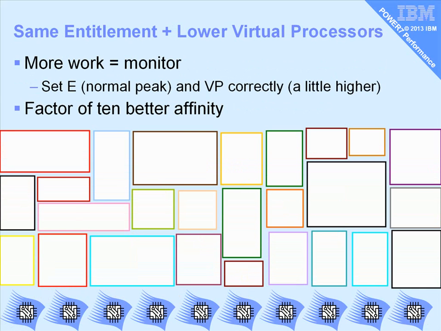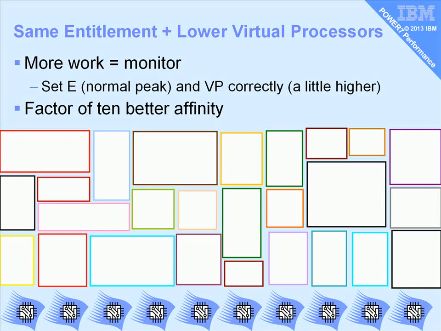Here are the same number of logical partitions, and I put them into what I call clumpy mode. Let's make the entitlement about right for the normal peaks, and then get the VP correct just a little bit higher to give us a comfort factor in here. Now we find that this logical partition in here is only competing with 2 others on this particular CPU, and it has 100% local memory.